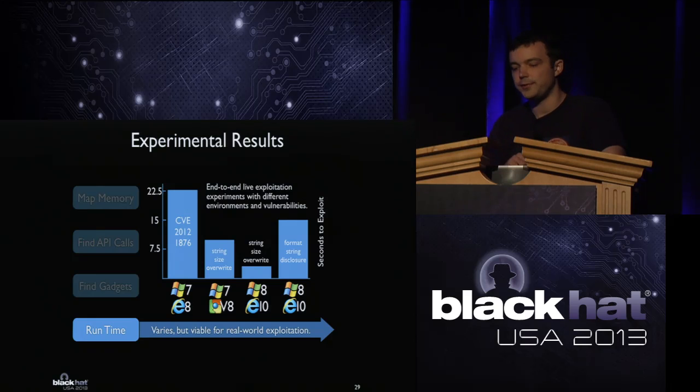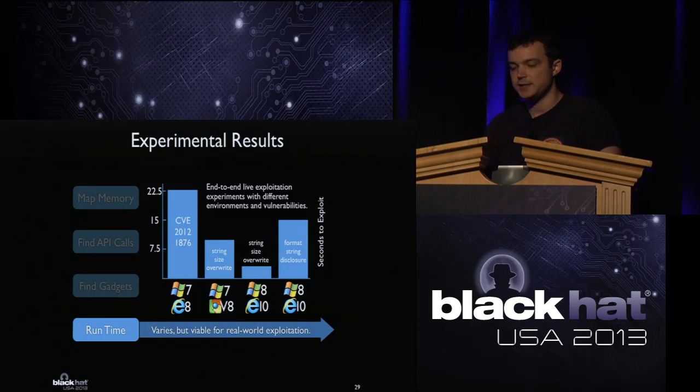Then the next 3 bars are showing different exploit scenarios where we have different types of memory disclosure vulnerabilities running under different environments. And all of these are artificial. They're just ones that we created to check the performance differences. So the second bar here is running the same type of exploit as the one that Luca described for the memory disclosure, but instead of running on IE8, we're now running in the Chrome V8 JavaScript engine. And so just by switching the JavaScript engine, it actually improved our performance double, or half the time.